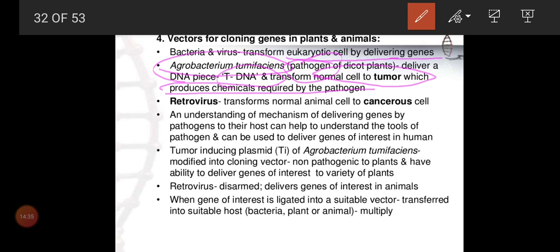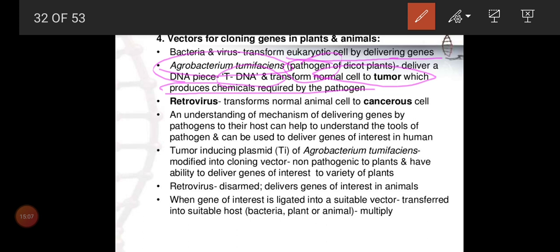So here you want to remember the mechanism of how Agrobacterium tumefaciens affects dicot plants. It is a bacterium. When it invades dicot plants, it changes normal cells into tumor cells. These tumor cells start to produce chemicals favorable for the pathogen. This is how it affects some dicot plants, and we are going to use this character for biotechnology.